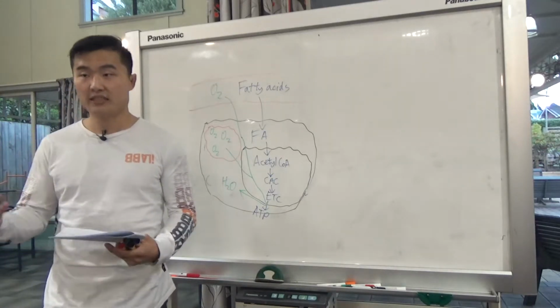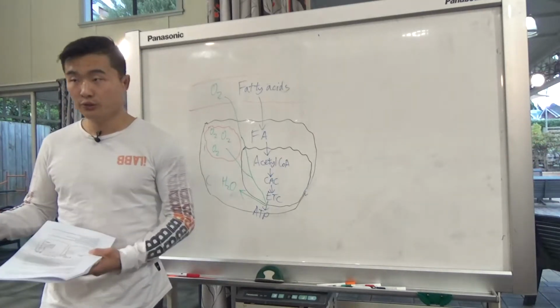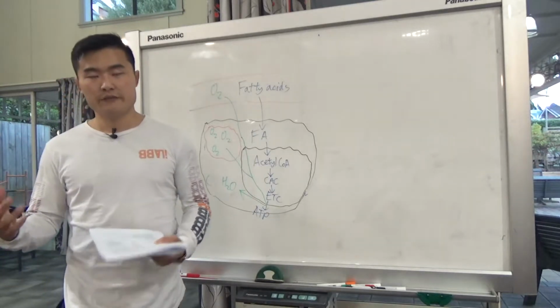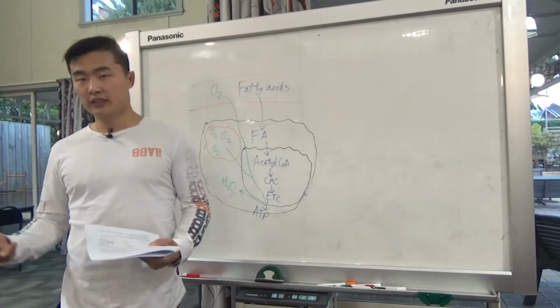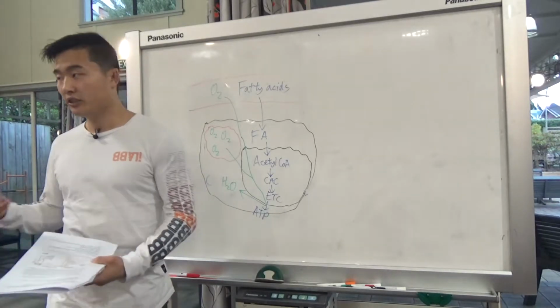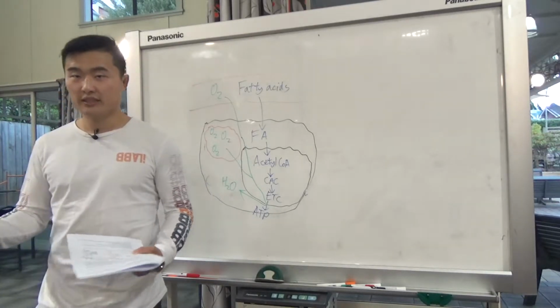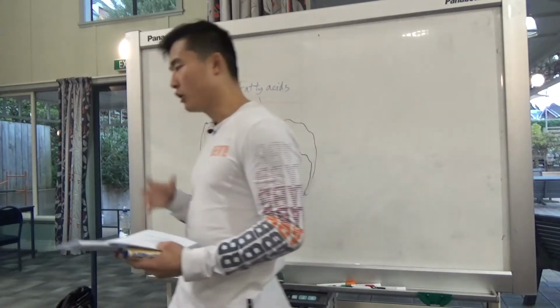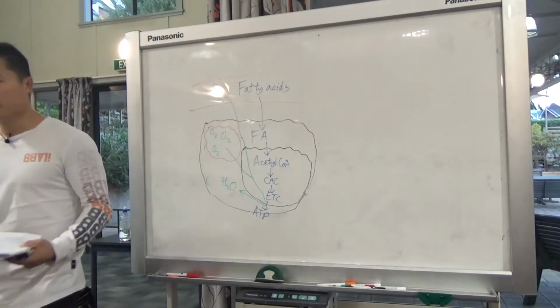So it also stimulates your muscle cells to take up amino acids from the blood, because if you've just eaten and you have a lot of sugar in your blood, it's likely that you're going to have a lot of amino acids in your blood as well. So it's encouraging growth while you have the energy available.